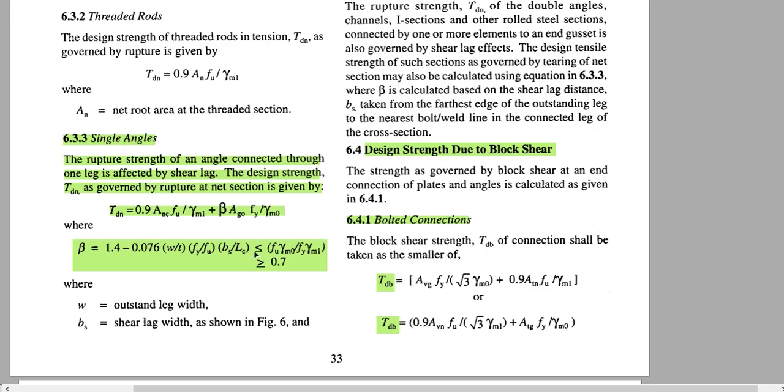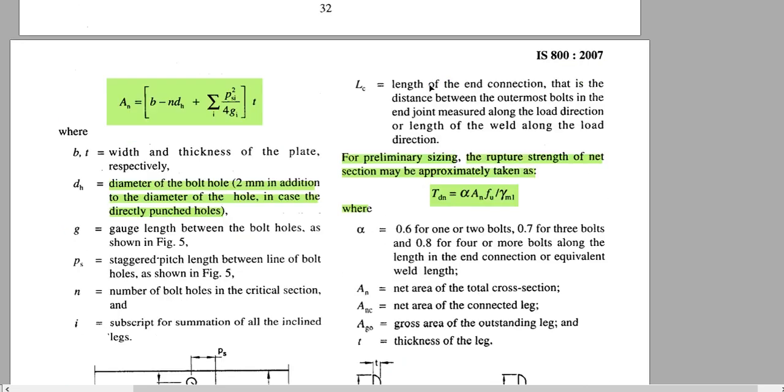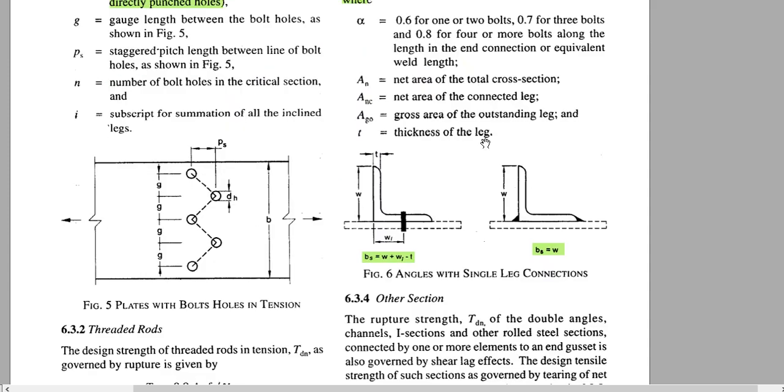Now what is LC? LC is the length of the end connection, that is the distance between the outermost bolts in the end joint measured along the load direction, or the length of the weld along the load direction. That means basically it is the length of the connection.